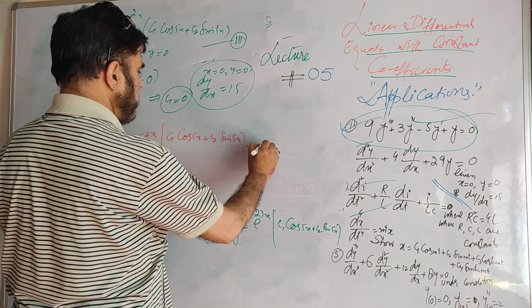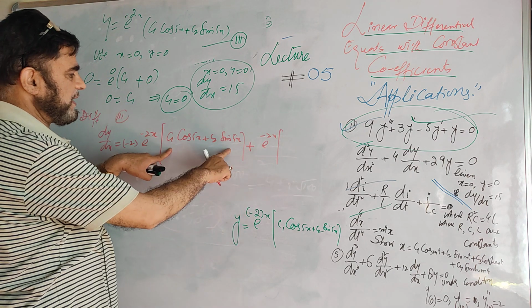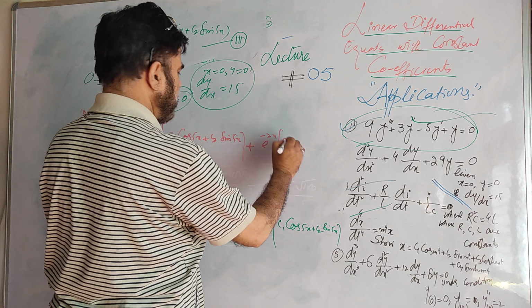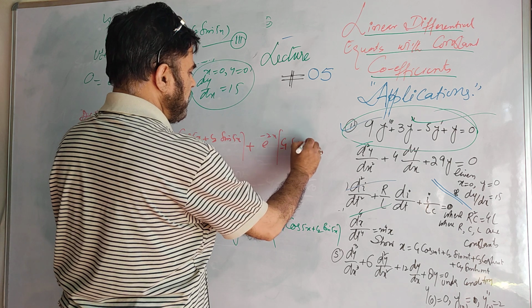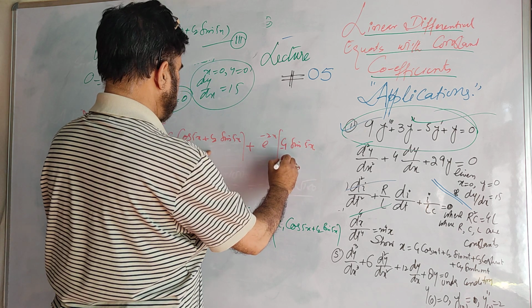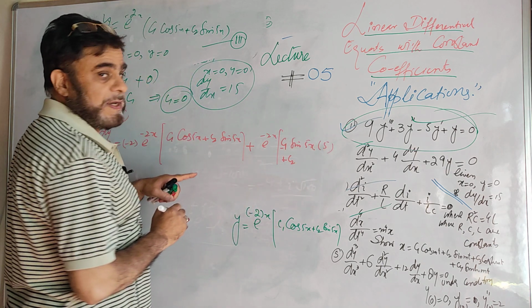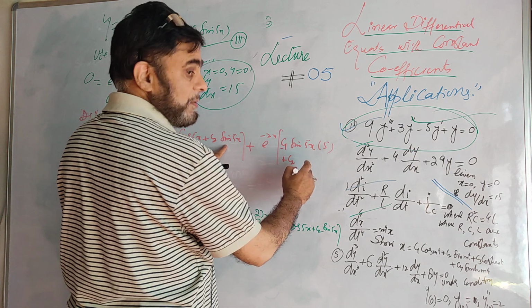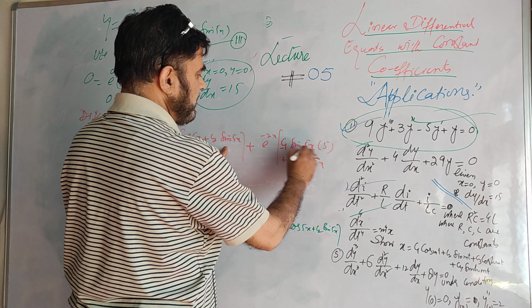Then plus e raised power minus 2x as it is, derivative of the second function. The derivative of c1 cos is minus sine, so it will be minus sine of 5x, multiplied by 5. Then plus c2, the derivative of sine is cos 5x into 5. I will write 5 here.